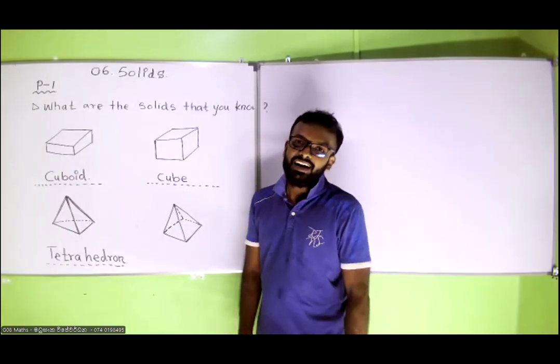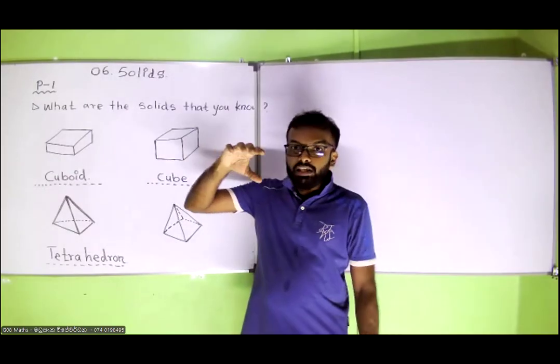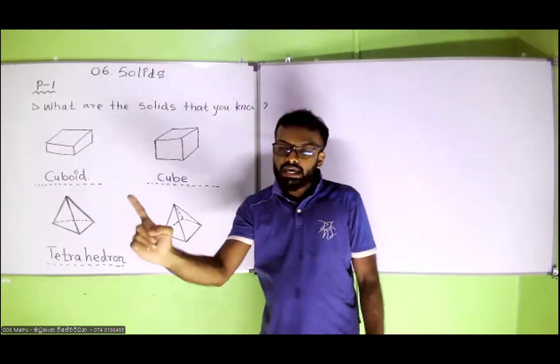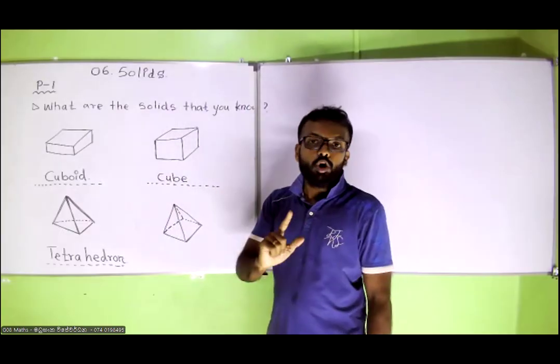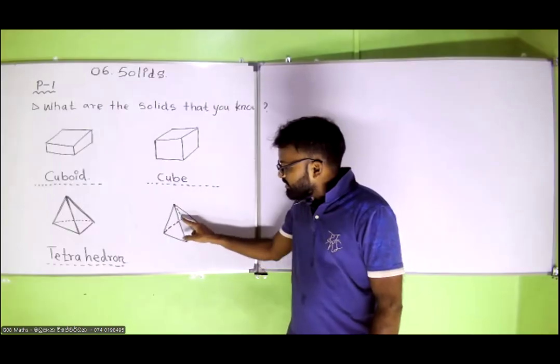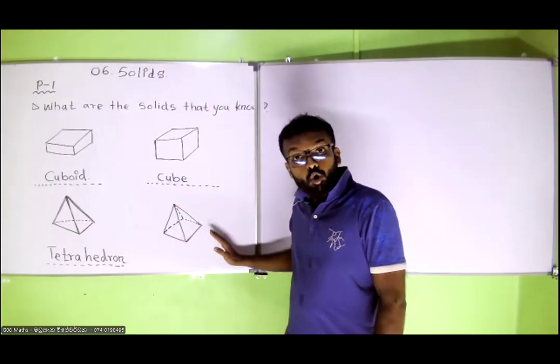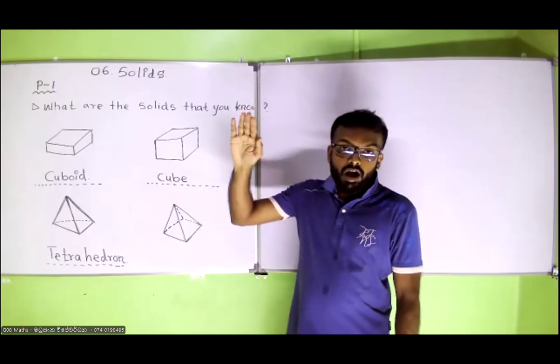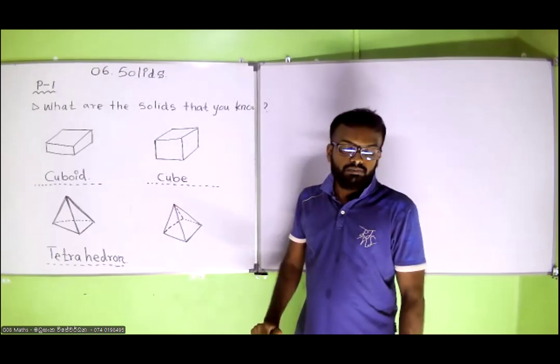Normally, if you see a pyramid, the base is a square, so we call it a square pyramid.